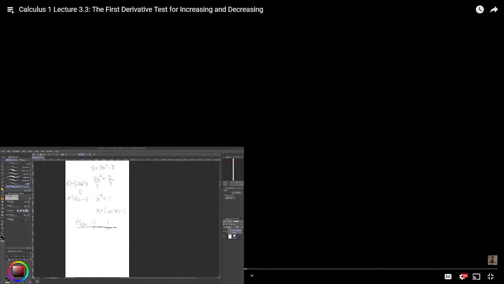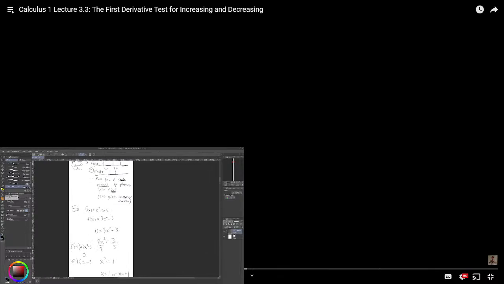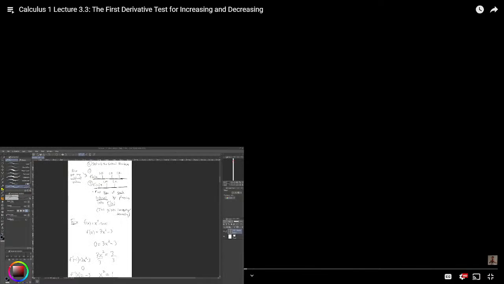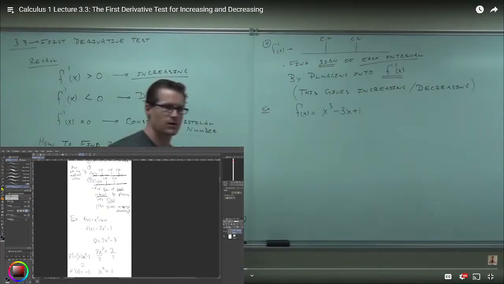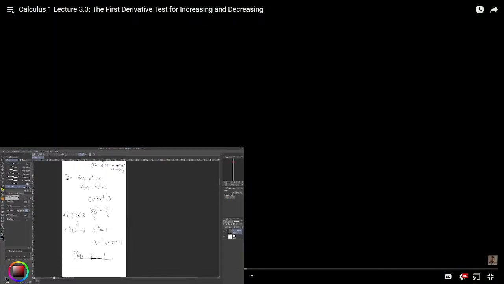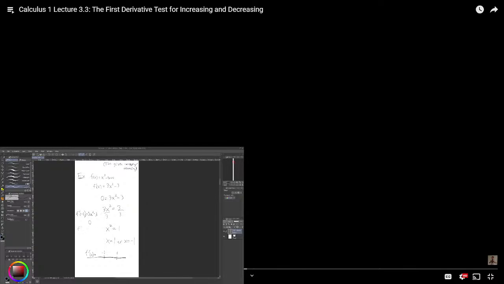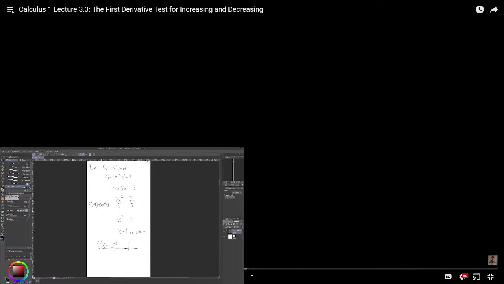Wait a minute, no, we plug this into f prime. We already know it equals 0. Oh wait, it has to be negative 2, not negative 1. Yeah, that's why I got 0. So 12 minus 3, that's 9.